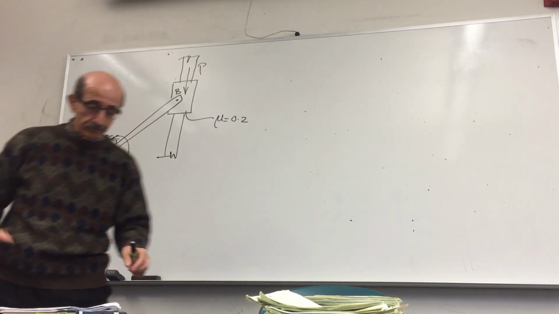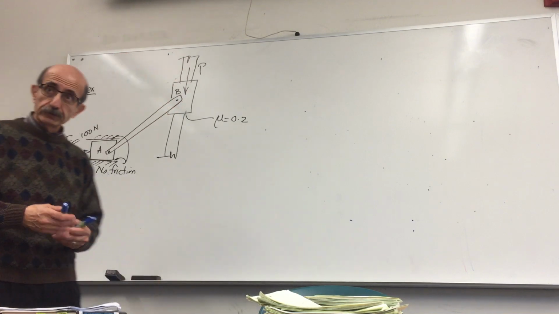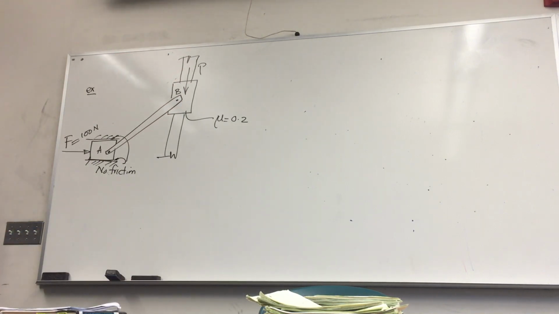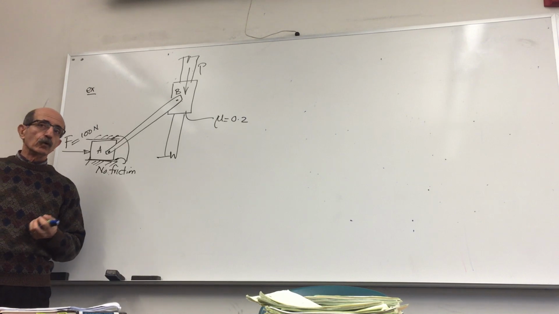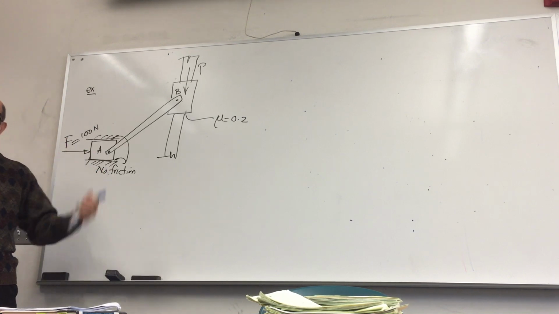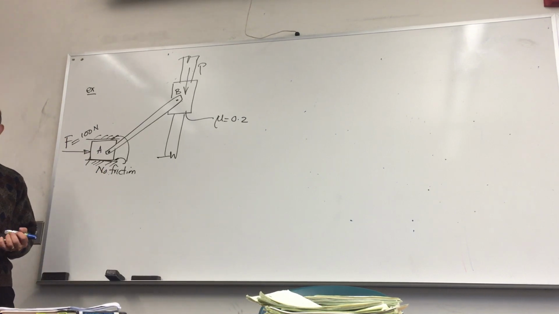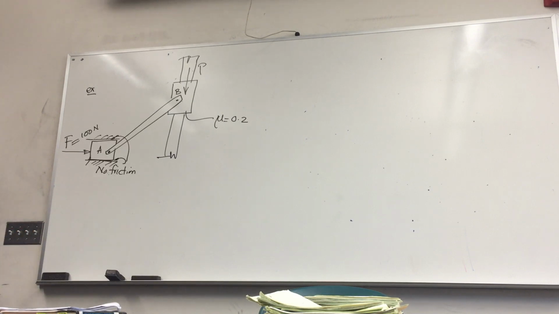So remember again, in friction, we have two types of problems. One, where the problem statement explicitly states the system is in equilibrium, no motion, no slippage, however it is stated. And the second case, where you need to verify if the equilibrium exists.